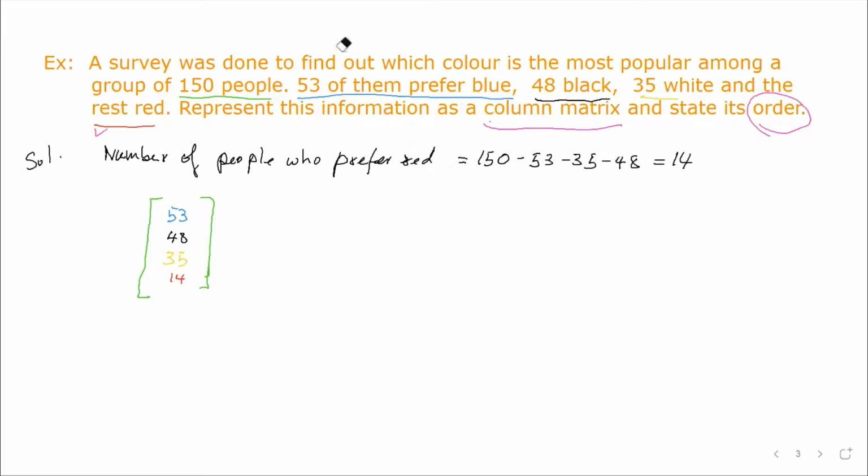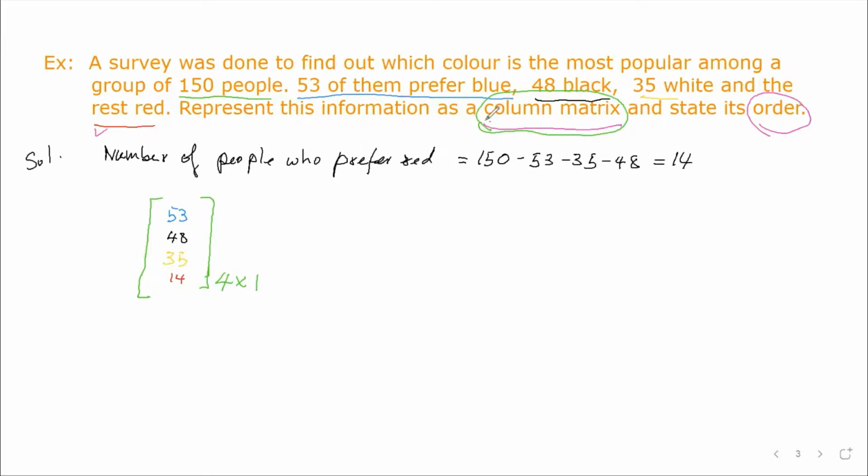This represents the column matrix, and then you can see the order. How many entries do we have? Count: 1, 2, 3, 4. So you have 4 times 1.